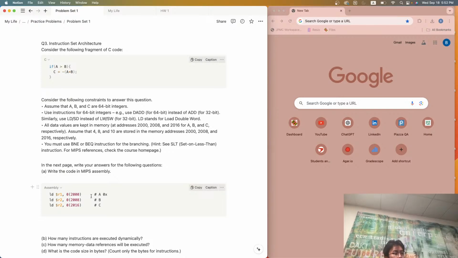Doesn't matter if you're storing a double word or single word. But I do think that your increment in addresses is going to be 8.